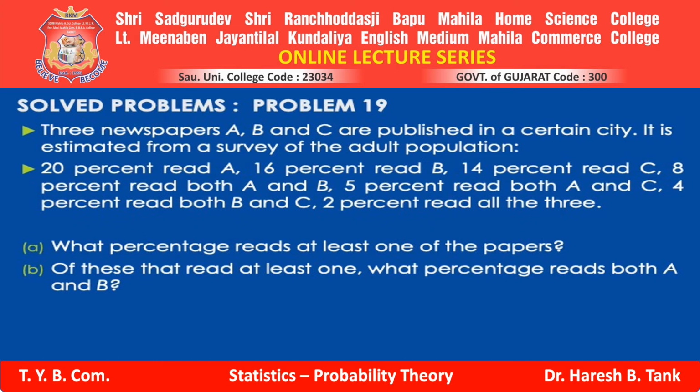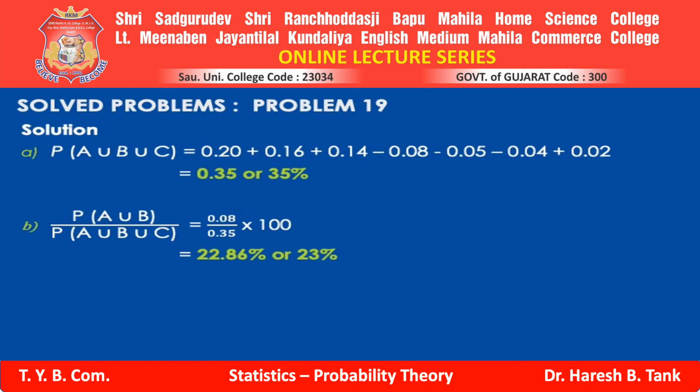Let us see one by one. At least one. The word is at least, so union, right? Required probability is probability of A union B union C, which is nothing but probability of A plus probability of B plus probability of C minus probability of A intersection B minus probability of B intersection C minus probability of A intersection C plus probability of A intersection B intersection C. Simplifying it, it comes to 0.35.